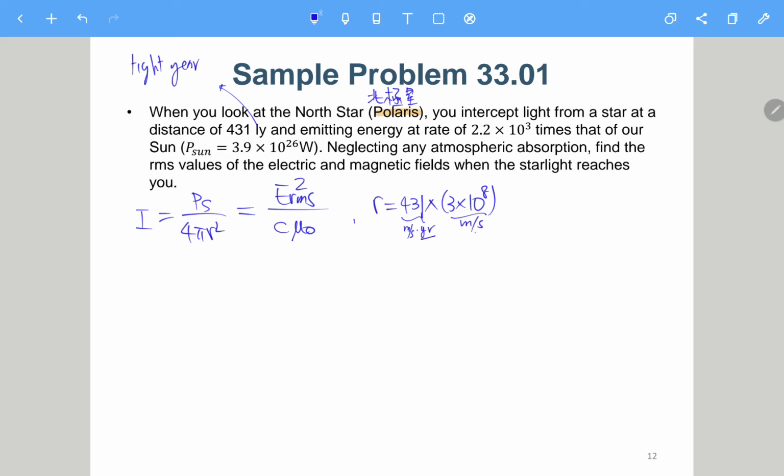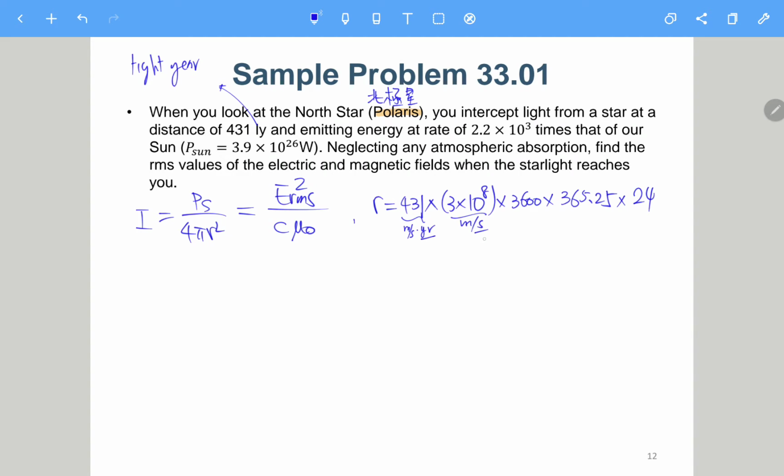So here we have a year over a second. Let's see how many seconds there are in a year. We need to multiply by 3,600 seconds per hour. Sorry, I forgot, every day we have 24 hours.